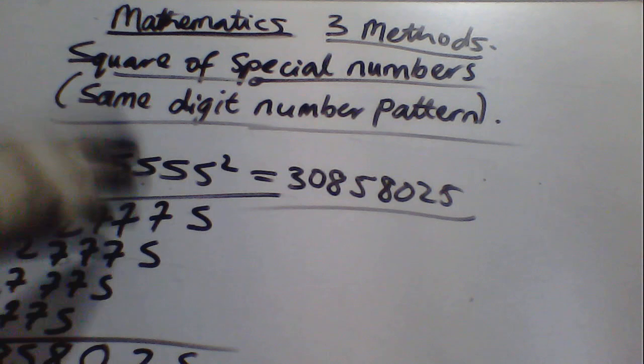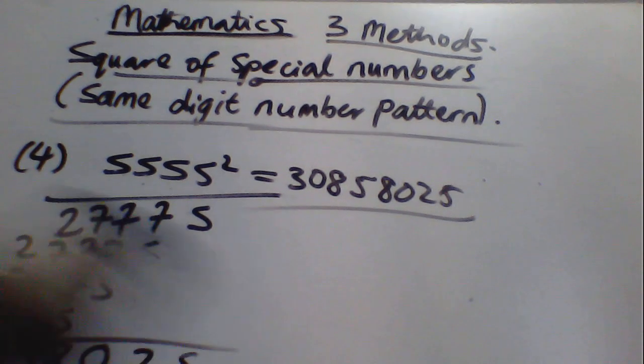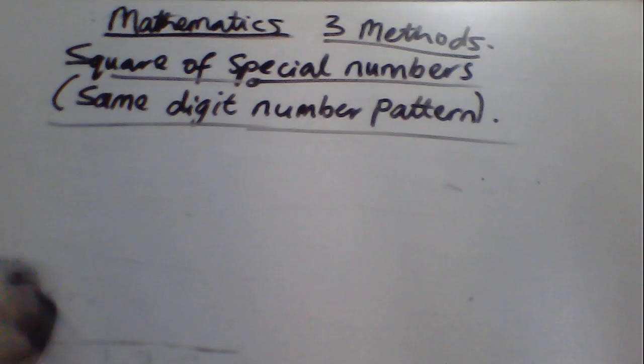But this method will apply now. What if you are given a number of this type, even though they are the same digit number?